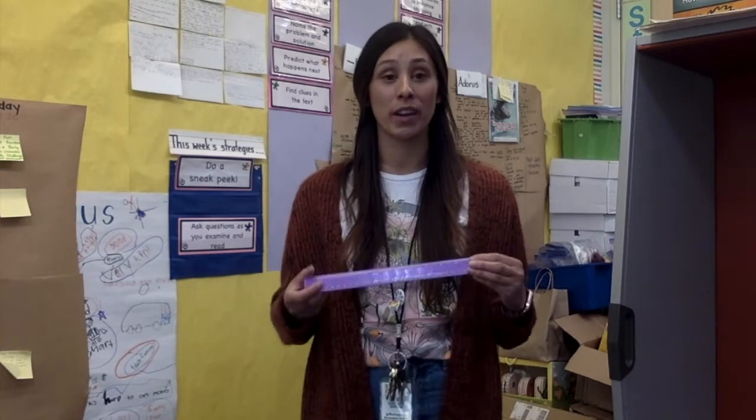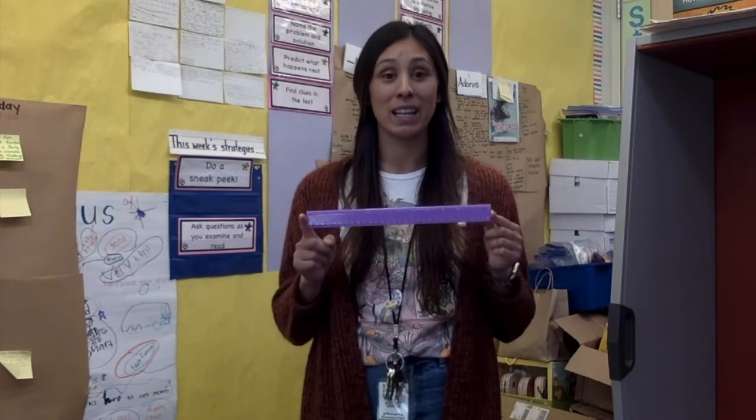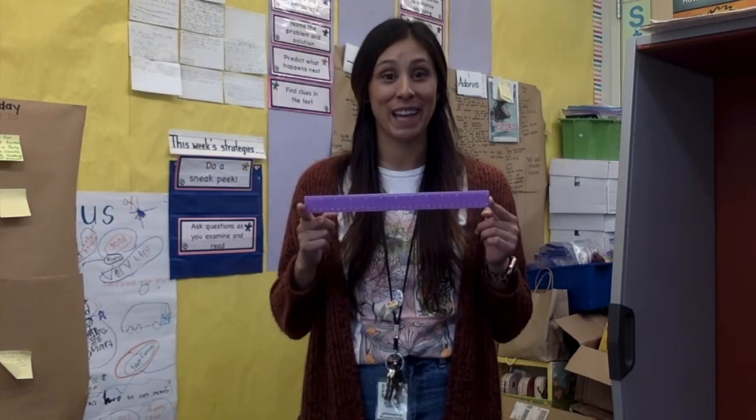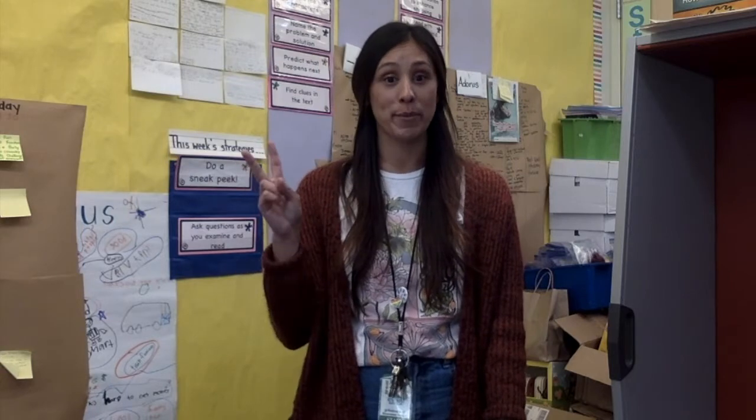Now it's time for you to get started with your independent practice pages. So remember, for today's lesson, you are going to need a ruler, so make sure that you have one either printed off from our website, or if you have one around the house, then just use that one, okay? Now, for today's lesson, you're going to head to Google Classroom, and as usual, you have 2 options.